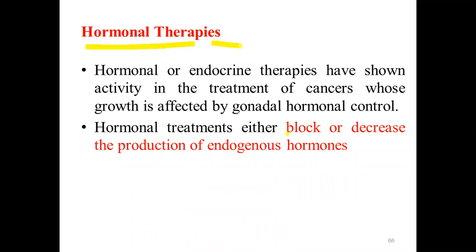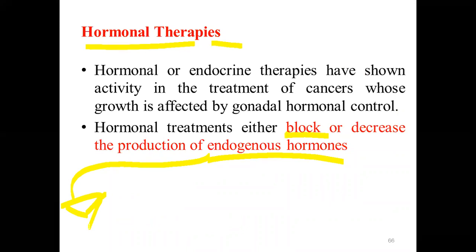Hormonal therapies either block or decrease the production of the endogenous hormone, which is most likely increasing the risk of cancer by causing growth and proliferation. In breast cancer, the most common growth signal is estrogen.